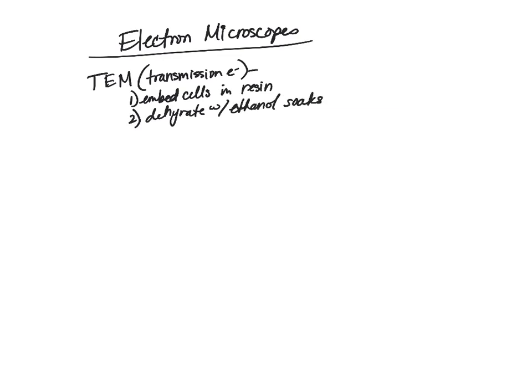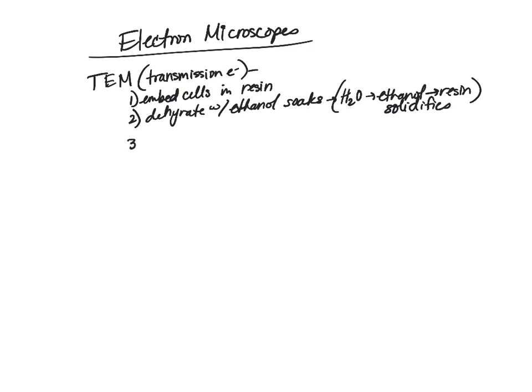What we do is we increase the amount of ethanol every time we wash it and every time we soak it. Then the water is going to be displaced. Water is going to turn into ethanol, and then that ethanol is going to be displaced by the resin. So it enters the cell and then it solidifies, and that makes it much easier to cut.